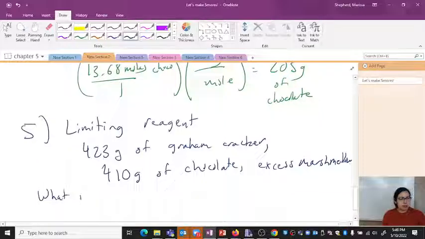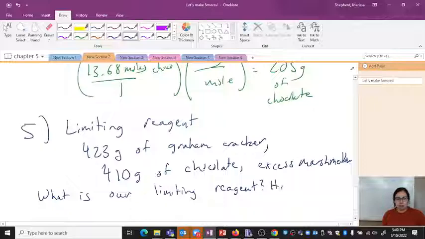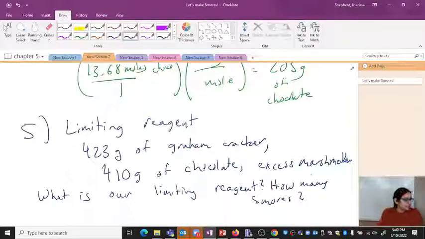So what is our limiting reagent? And how many s'mores? I'll give everyone a couple of minutes to look at that.